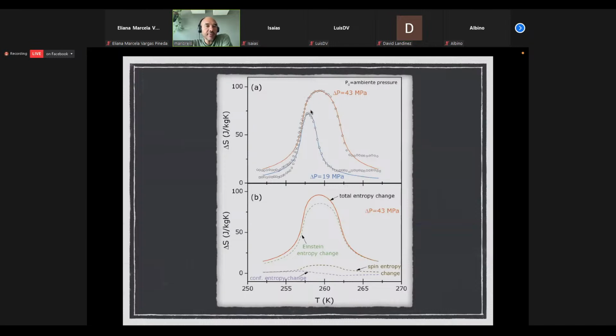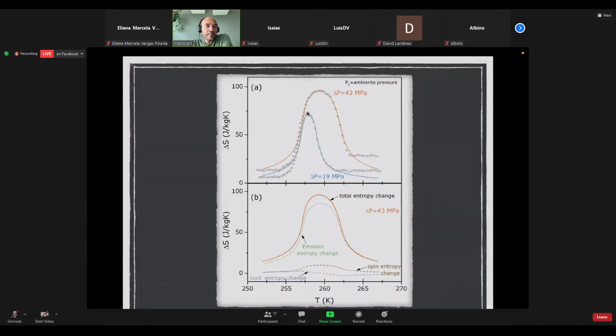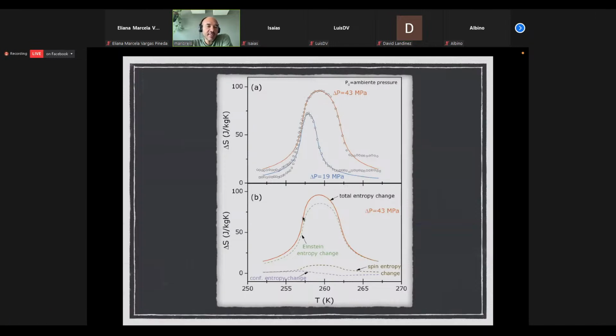This orange curve at the top is the same as this at the bottom. With the contributions, here it is no longer Einstein because I changed the model. Here's the phonon contribution oscillating out of phase. The spin contribution is quite small. And the contribution from the position.